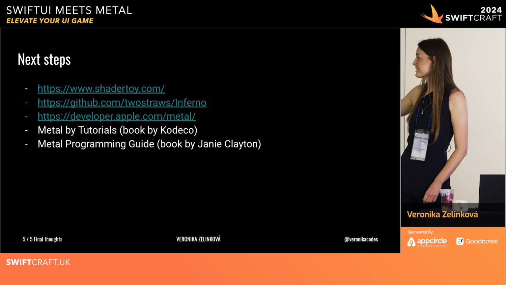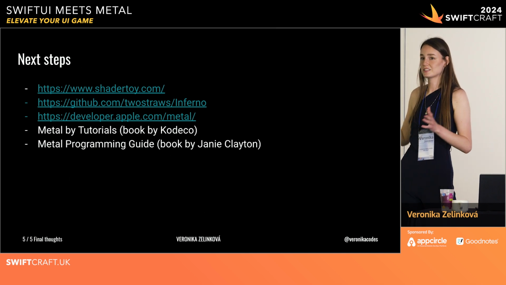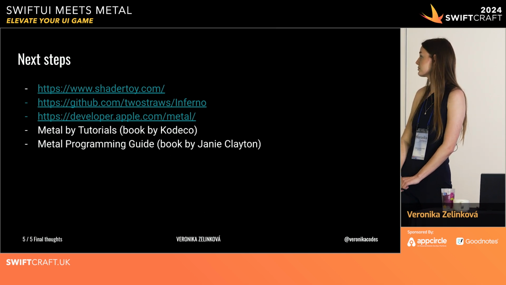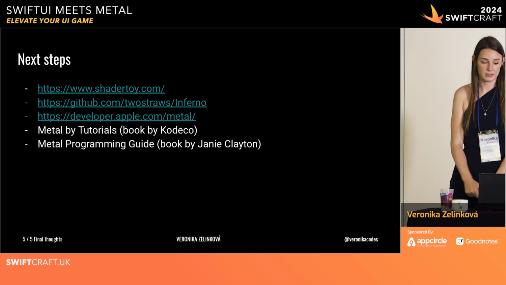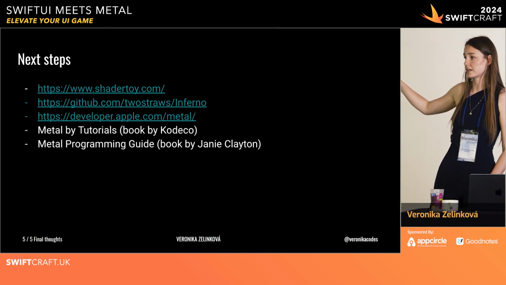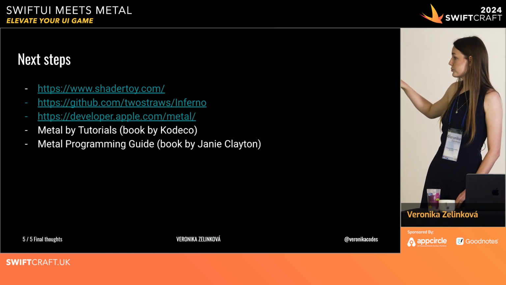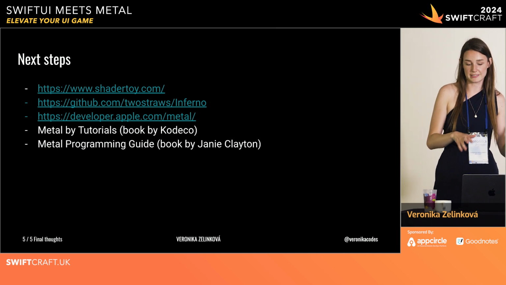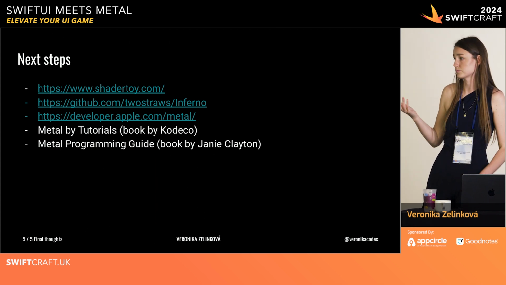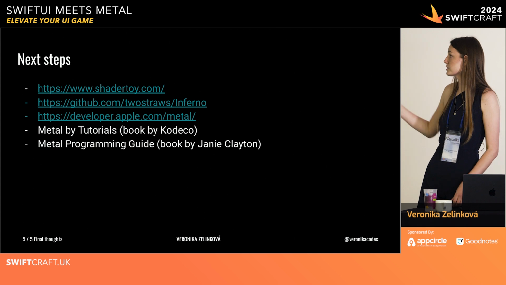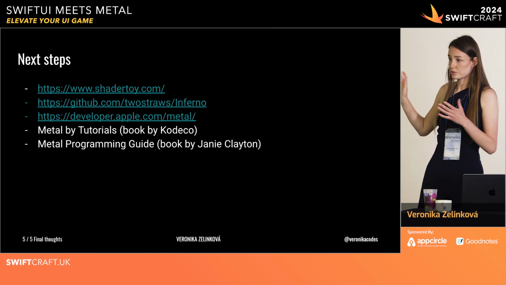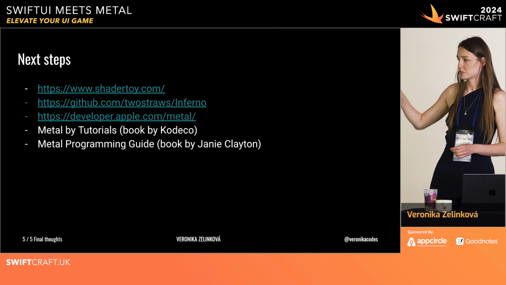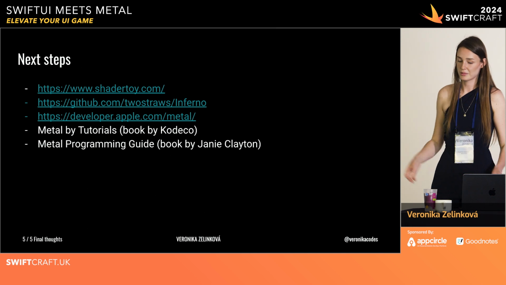Paul Hudson wrote a library of some shaders, which can be used currently in SwiftUI. And Shadertoy is a big library of shaders for OpenGL, but they can be easily rewritten to Metal Shading Language, so you can use them with SwiftUI. So you can also check Shadertoy if you need some inspiration.